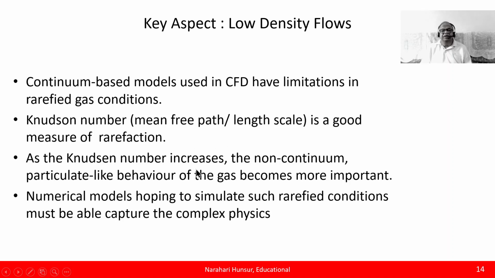As the Knudsen number increases, the non-continuum particulate behavior of the gas becomes more important. You can no longer treat it as a continuum. You have to treat them as a bunch of particles independently coming and impacting the physical surface. Numerical models hoping to simulate such rarefied conditions must be able to capture this complex physics.